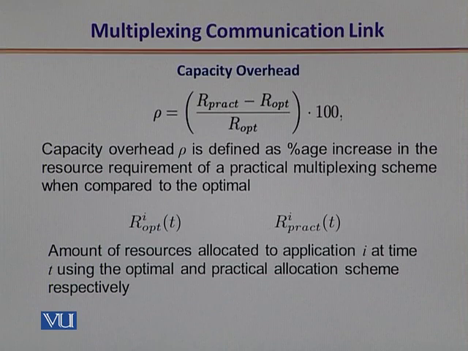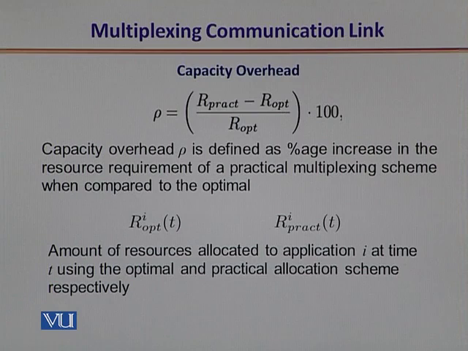The optimal resource allocation is actually the close to perfect resource allocation for an application i, and the practical resource allocation to an application i is what can be done in a real world scenario. So you see, this expression is a good understanding of how the practical and optimal resource allocations are related to each other.